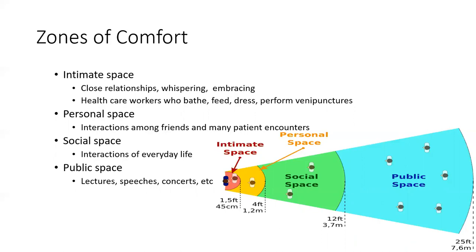Now, your personal space is a space that's shared among friends and also includes many patient encounters. And then your social space would be interactions of everyday life. And an example of a public space would be for lectures and speeches and concerts, etc. And here we see an illustration of what the distance between each of these zones of comfort entails.